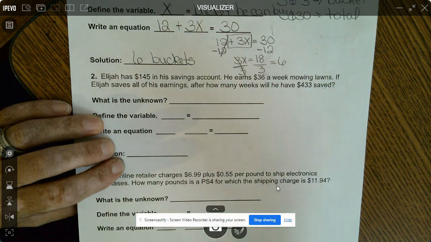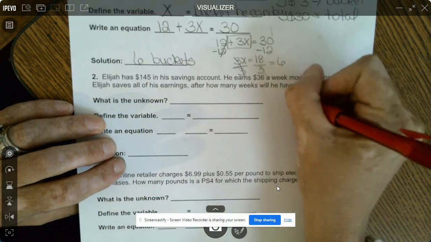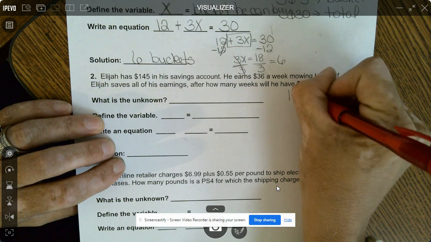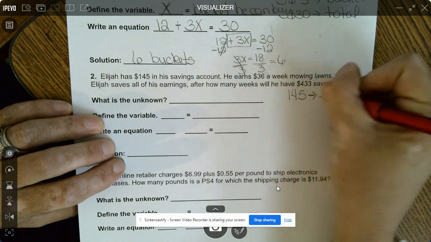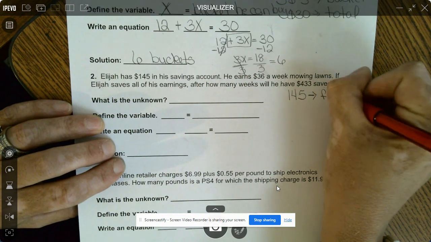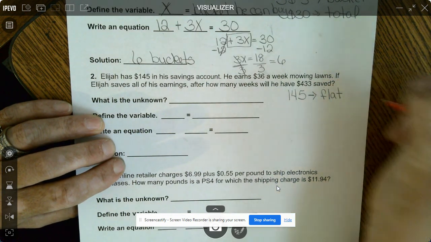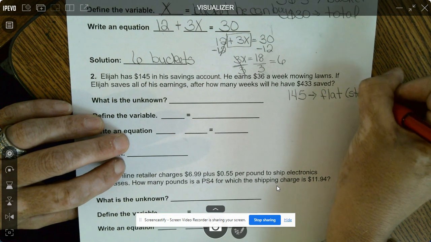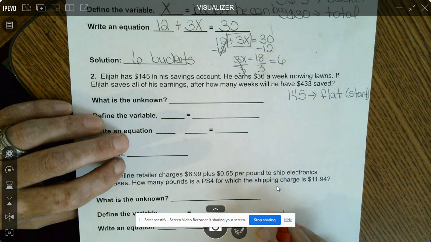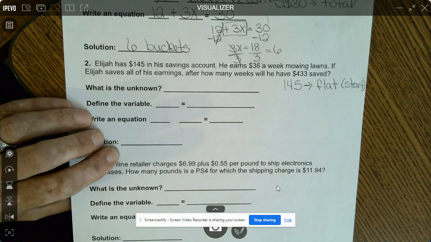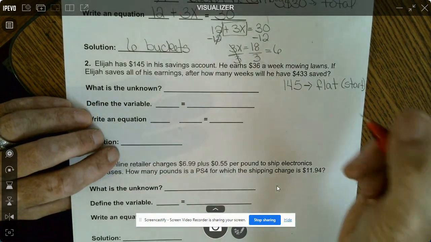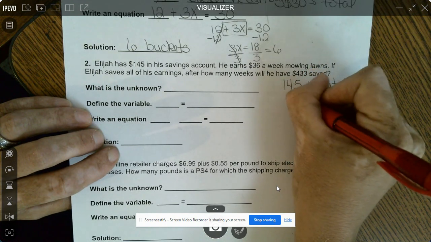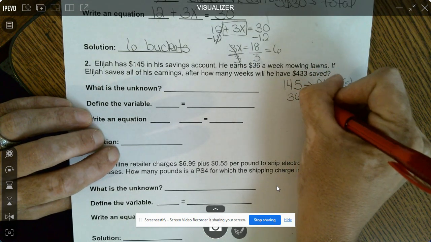All right. So what do we know right now to begin with? $145 is in his savings. So like I said, we could even look at that as your flat rate. That's the amount of money that he has in his savings, his starting point. All right, what else do we know from here? Yep. So he earns $36.